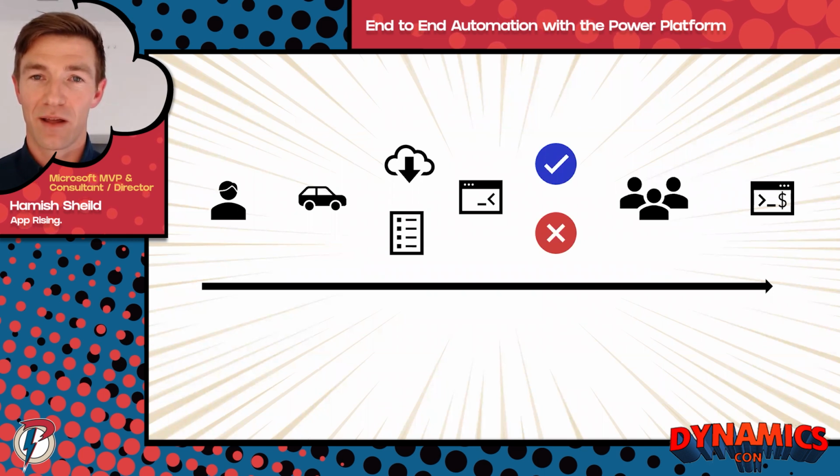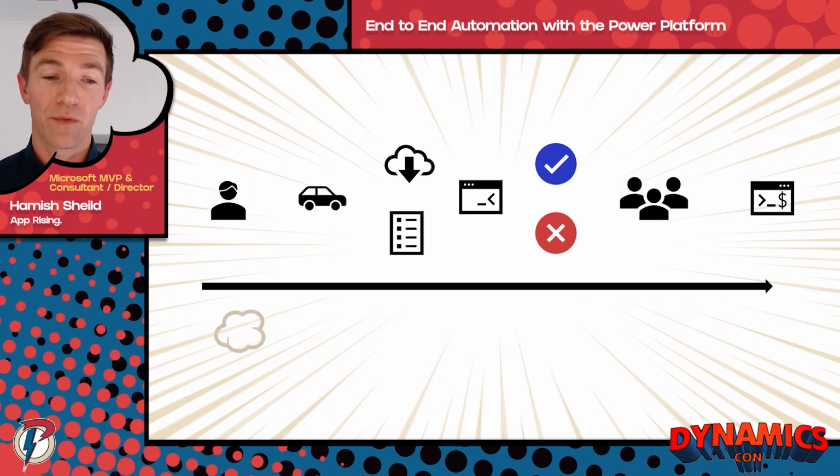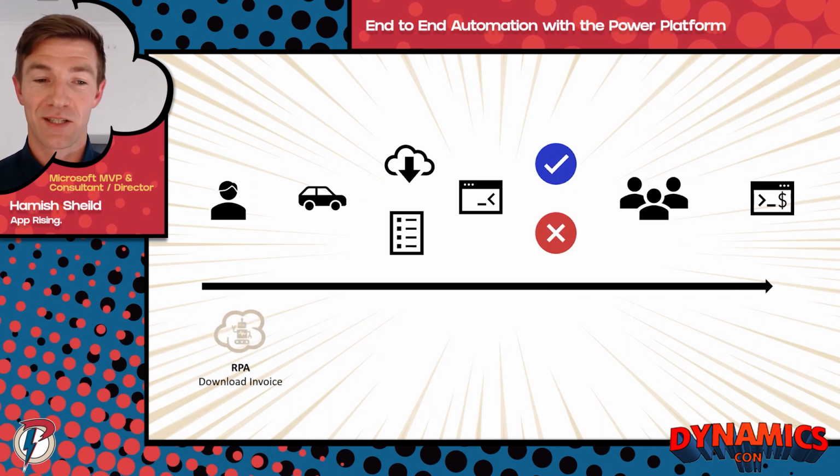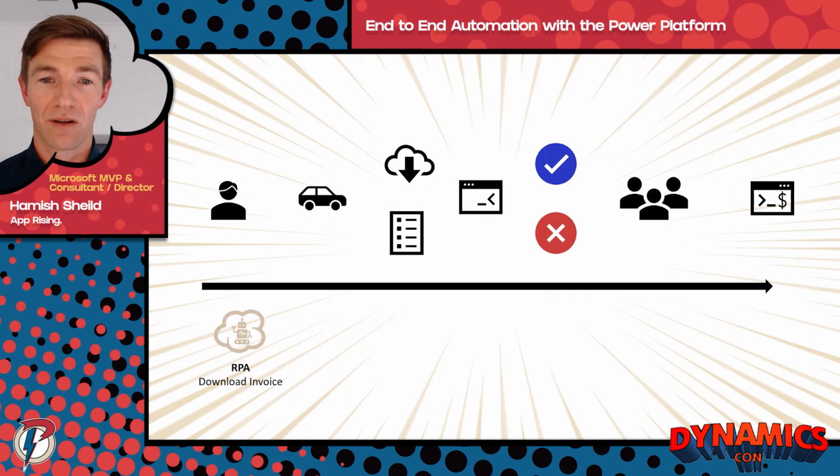And so let's go back to what our Power Platform components are. The first thing is we can use robotic process automation to log into the website and download the invoice automatically and save it into a folder on someone's machine.